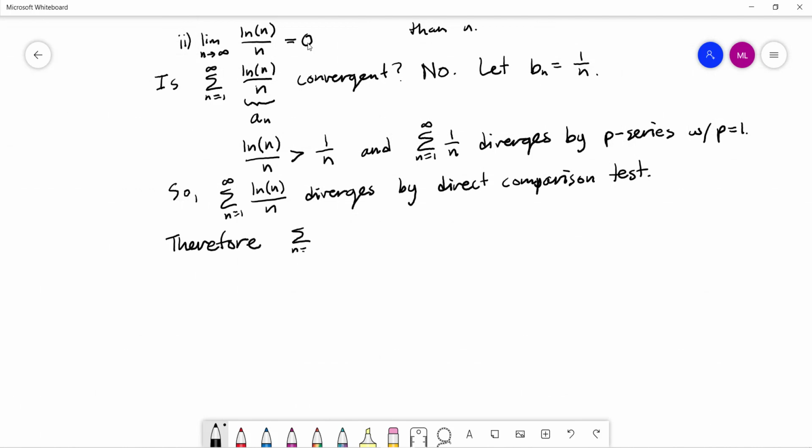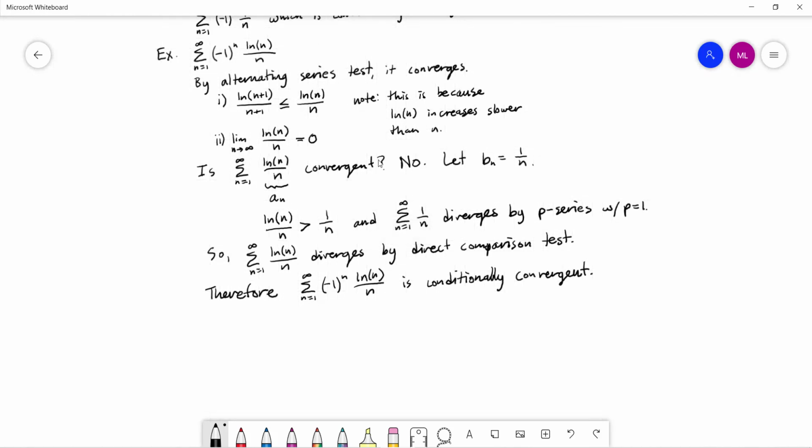The sum from 1 to infinity of -1 to the n log of n over n is conditionally convergent, but not absolutely. Okay, so hopefully this gives you a sense. We're using these terms a lot, remembering the names, direct comparison, limit comparison. Ultimately, in the long run, it's less important to know the names of these tests than just to have a general sense of when something's going to converge or not.